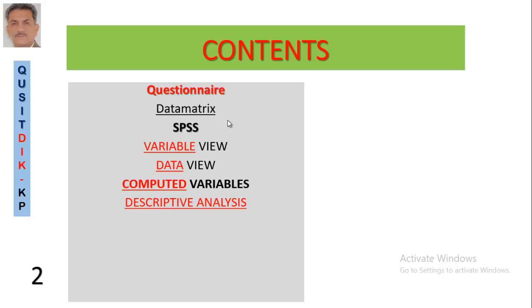So, as the computed variables are there, the data matrix is ready for analysis, because if all the data related to all the variables of the project have been posted into the data matrix, then it is ready for going further into the analysis stage.